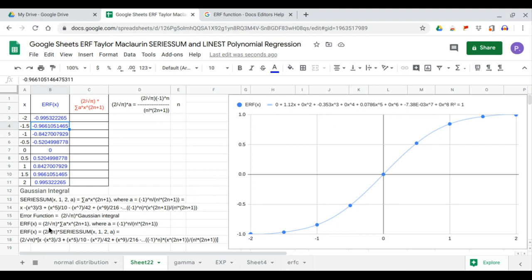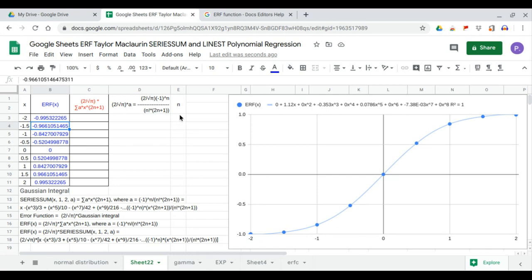The error function is also defined as 2 over square root of pi times the Gaussian integral. So the Gaussian integral is the series sum, or the summation of a times x to the 2n plus 1, where a, the coefficient, equals -1 to the power n over the product of n factorial and 2n plus 1.